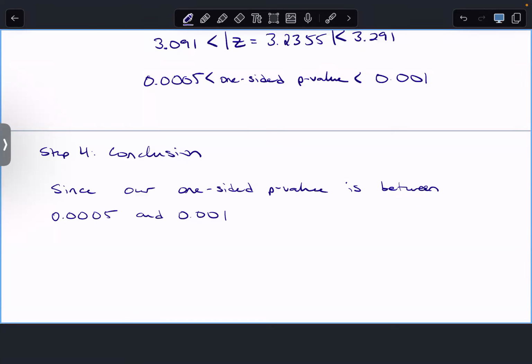You're really just saying what you found in the last part, so there's no extra work, it's just writing. So since our one-sided p-value is between 0.0005 and 0.001, it is less than our assumed alpha level of 0.05.